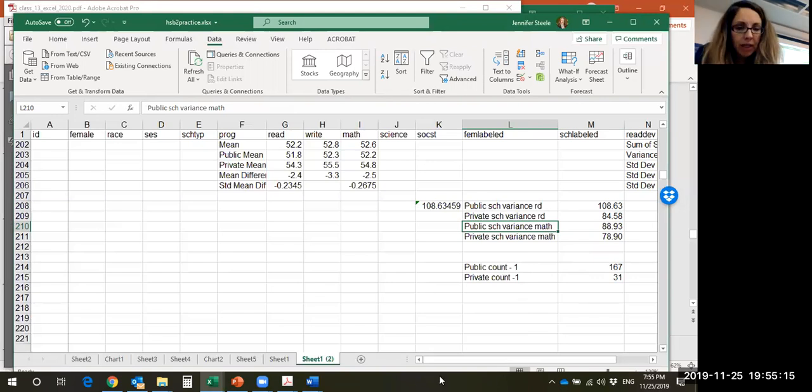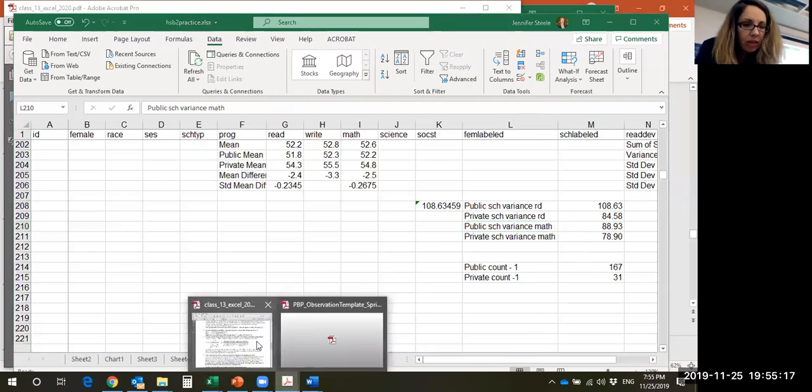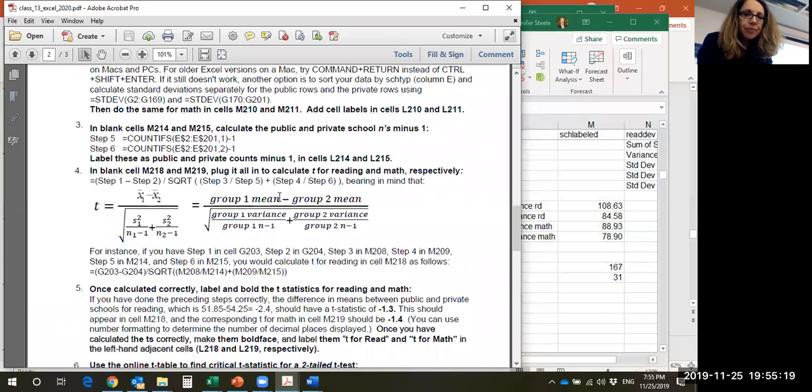Okay, so now we're going to plug it all into our t-test, and we're just calculating this t-statistic by hand. So it's going to be M218 and M219.